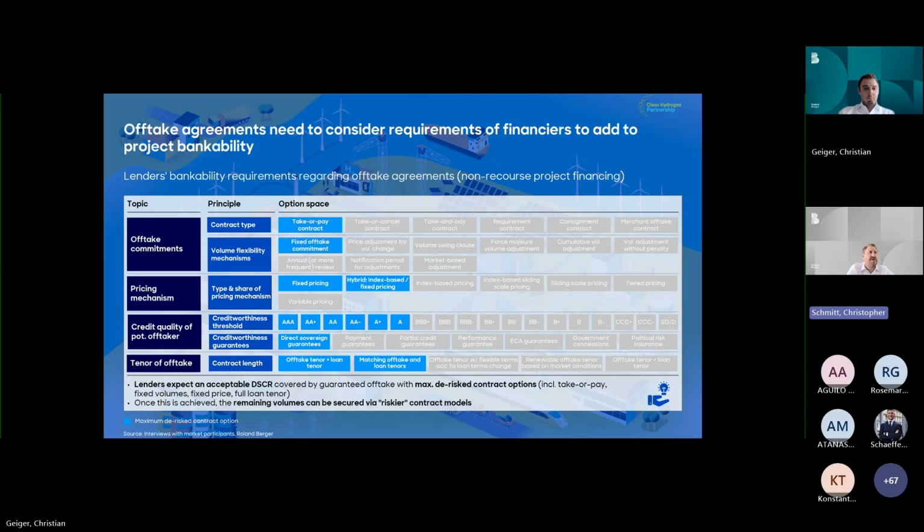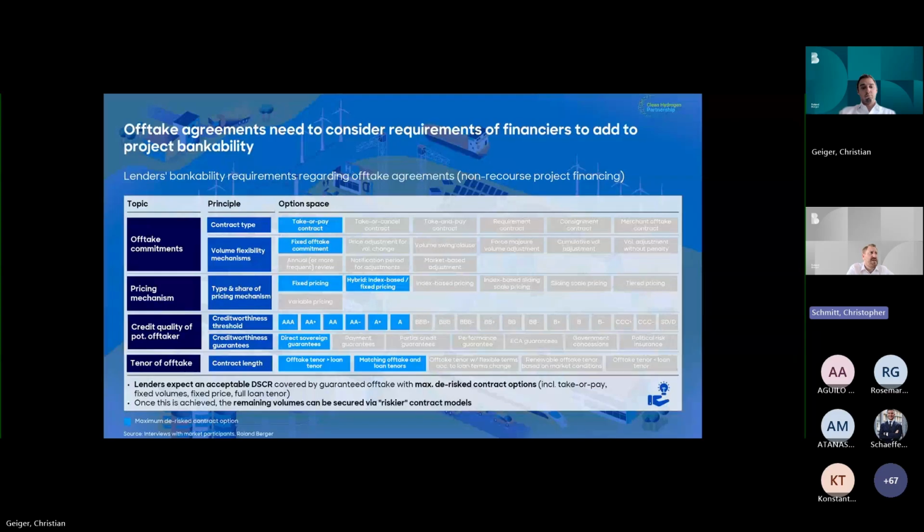So in the worst case, you don't even take the physical delivery, but you would still pay the agreed price for the agreed volumes. So on the revenue side, this is fully de-risked for the project owner and by implication then also for the bank that is financing the project.